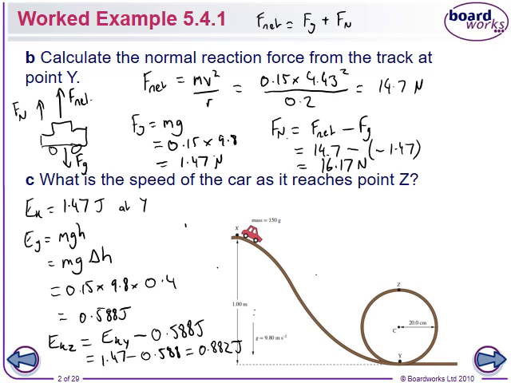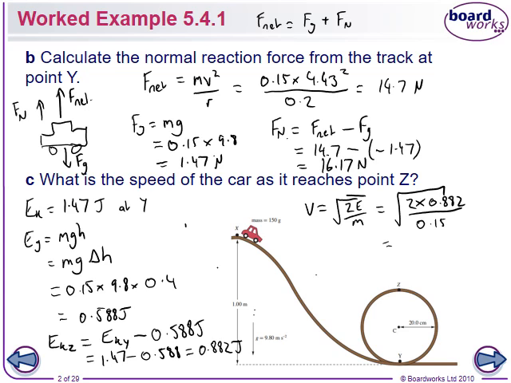Okay, so now we have the kinetic energy at point Z, we can work out the speed at point Z, from that equation I showed you before. v is equal to the square root of 2E on m. So, square root of 2 multiplied by our kinetic energy at that point, 0.882, over 0.15.